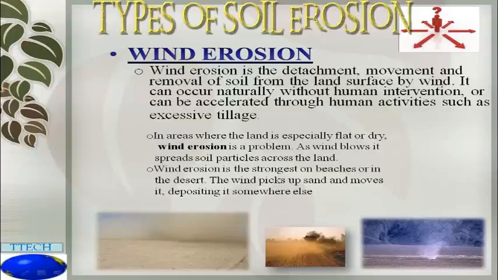In areas where the land is especially flat or dry, wind erosion is a problem. As wind blows, it spreads soil particles across the land. Wind erosion is the strongest on the beaches or in the deserts. The wind picks up sand and moves it, depositing it somewhere else.